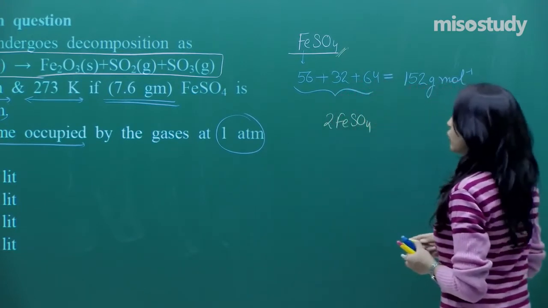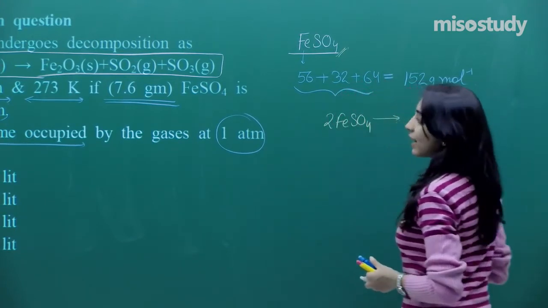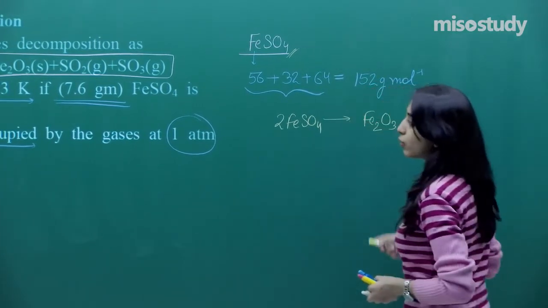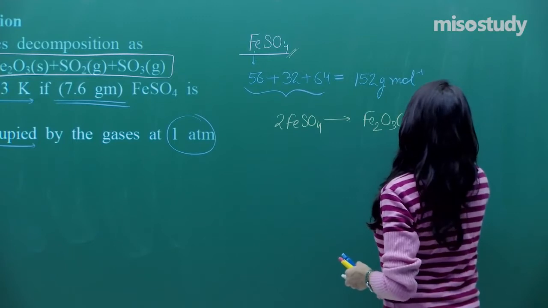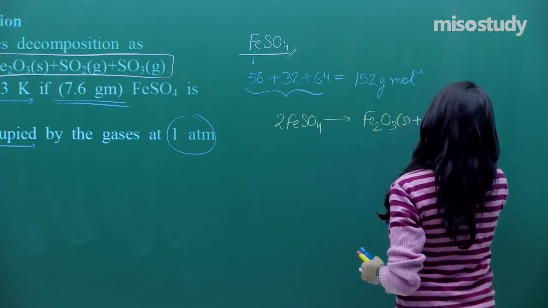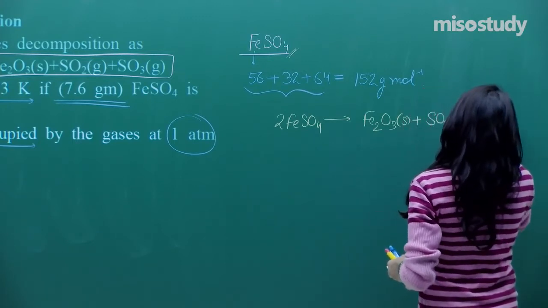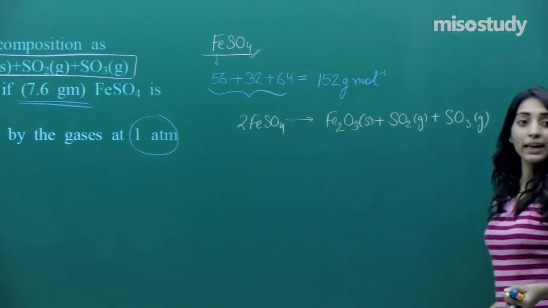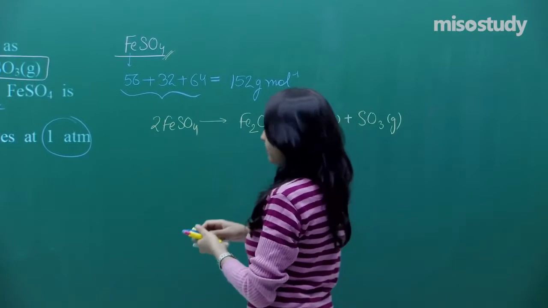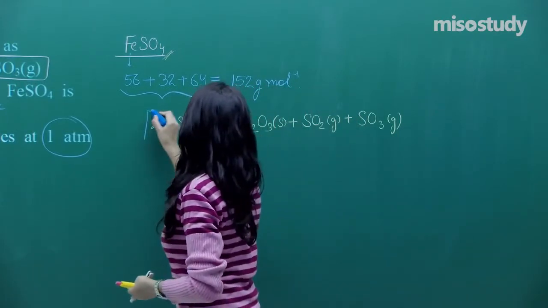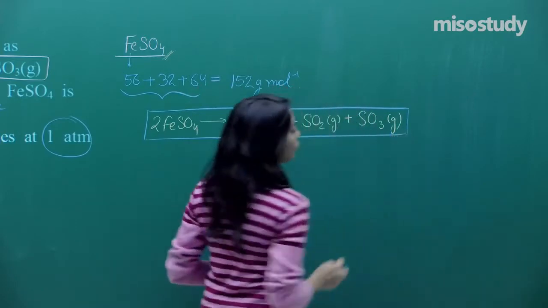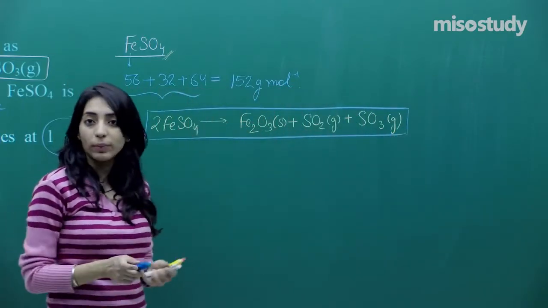We have 2 FeSO4 is gonna give Fe2O3 in the solid state plus SO2 in the gaseous state plus SO3 in the gaseous state, right? So this is the chemical equation that I have written. And we need to calculate like individually what is the volume of the gas which will be occupied.